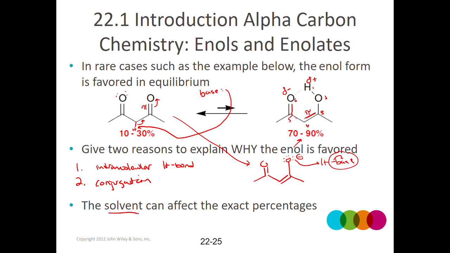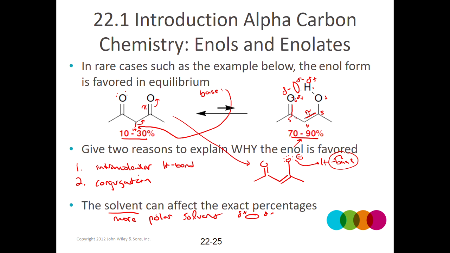Depending on the solvent, that's what determines the exact percentages, right? So if I have a more polar solvent, how will that affect this equilibrium? Well, a more polar solvent means that the solvent, if it's very polar, will probably come in here and form some attractions to these charges. And that may break the intramolecular hydrogen bond.